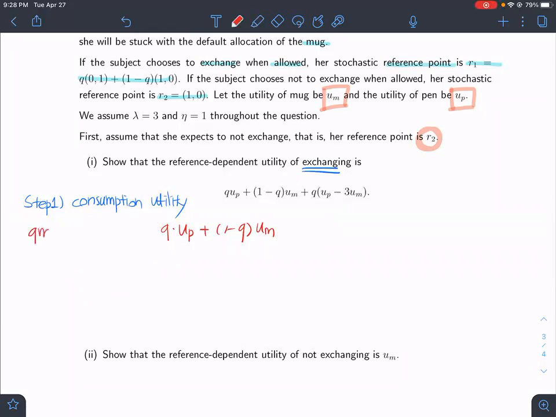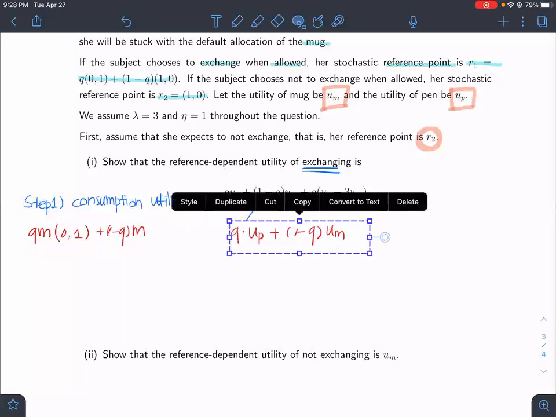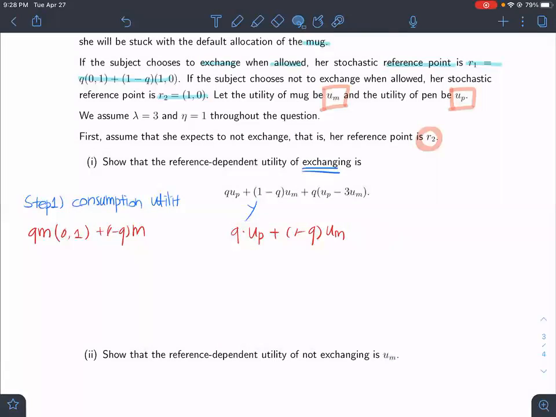So Q times consumption utility of (0, 1) plus 1 minus Q times consumption utility of (1, 0). Good. So this is the most detailed thing that we can give. This is how we derived consumption utility based on this question.